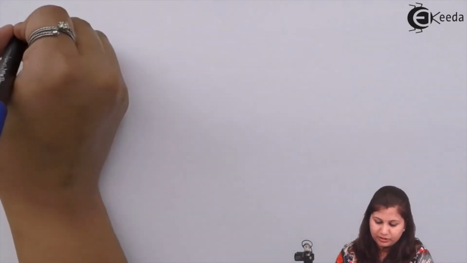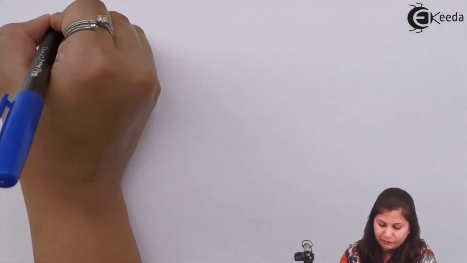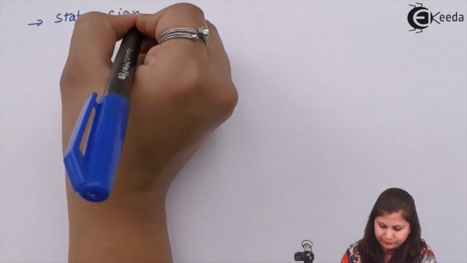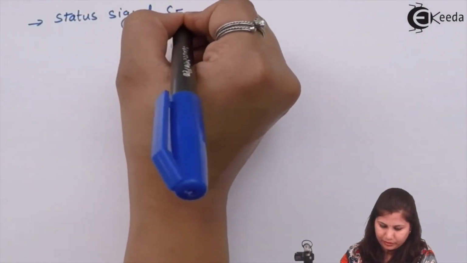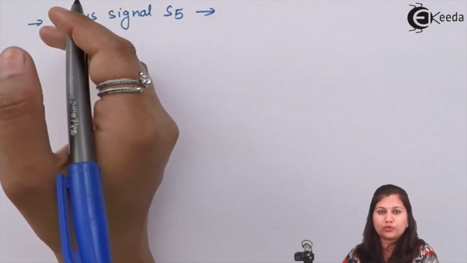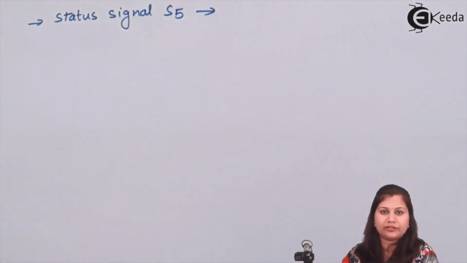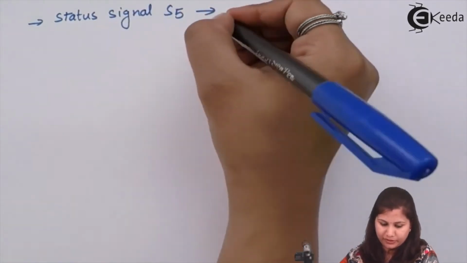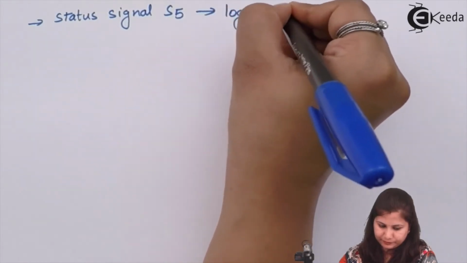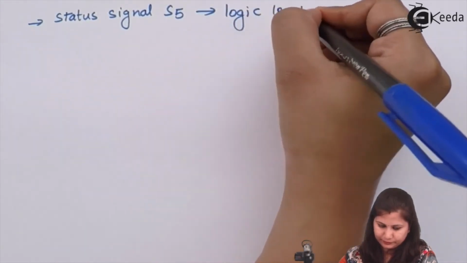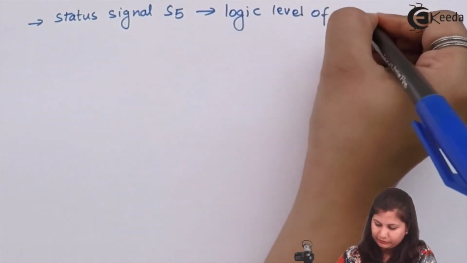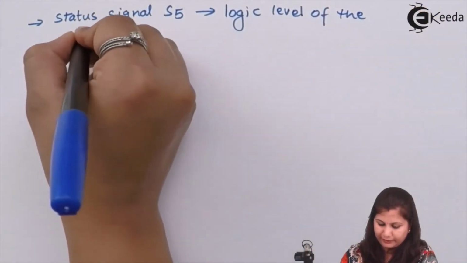Next we have the status signal S5. This status signal is also used to identify some internal characteristic of the 8086 microprocessor. It is the logic level of the internal interrupt enable flag.